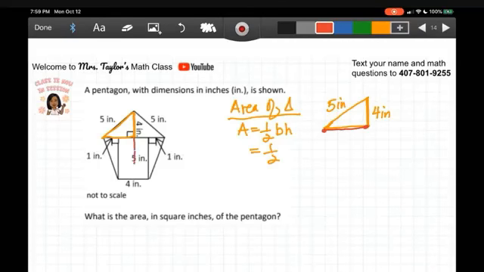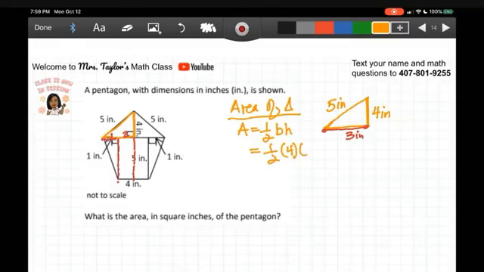If I'm looking from here to here, it's going to be 2. And from here to here, it's going to be 1. So this is going to be 3 inches.